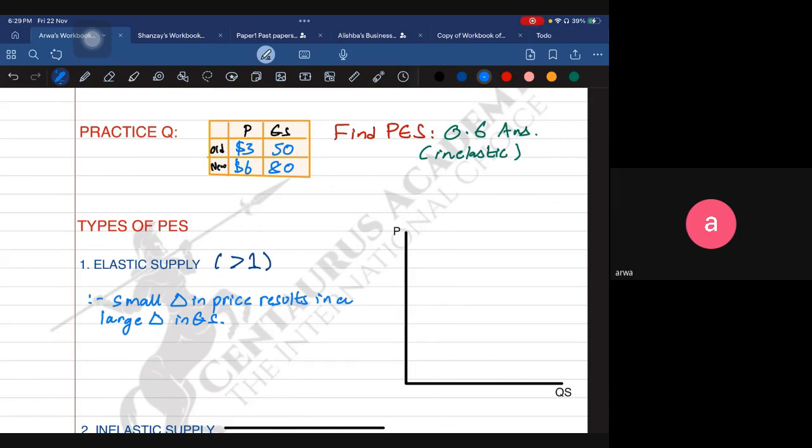How is the curve going to be? Okay, for this, if there's a small change in price, it's going to be upward sloping, but a little to the horizontal side. Yes. So it's going to be like this.